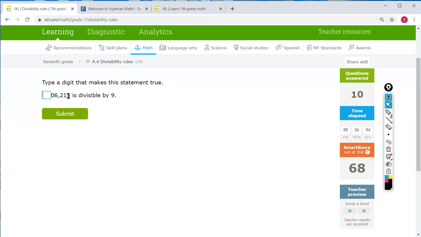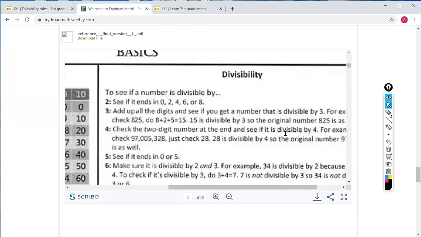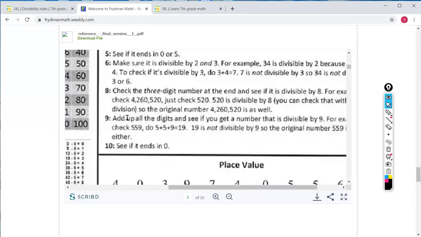This number is divisible by 9. So if I put a 1 here, would it be divisible by 9? If I put a 0 here, would it be divisible by 9? If I put a 2 here, would it be divisible by 9? So let's remember the rule for checking if a number is divisible by 9. We have to add up all the digits and see if that number is divisible by 9.